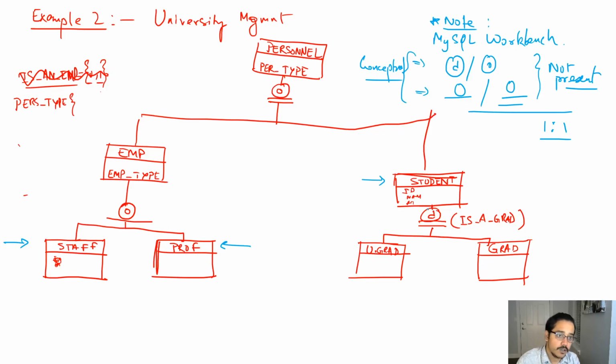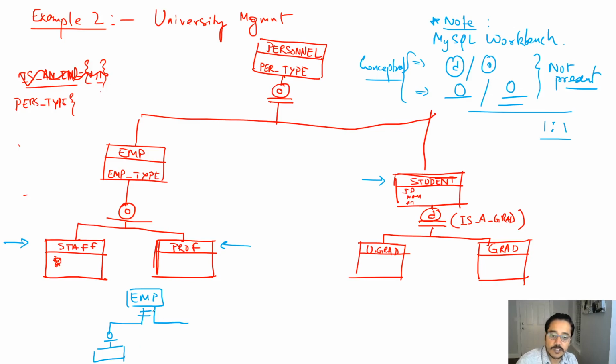Okay, so basically, how it will translate into the Workbench environment is that if the participation is partial, within Workbench this will translate like this.